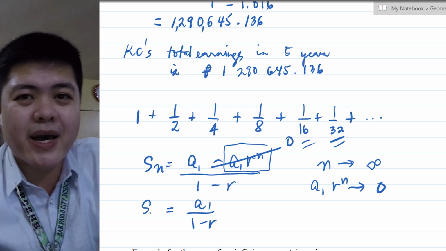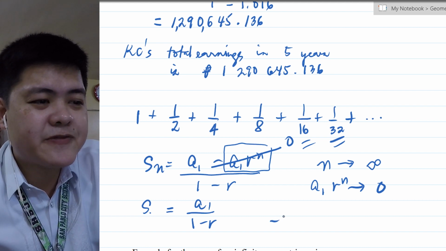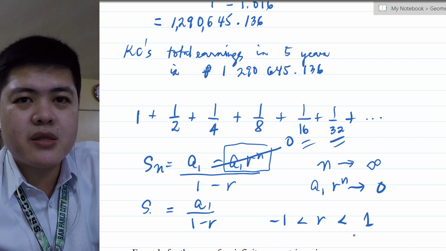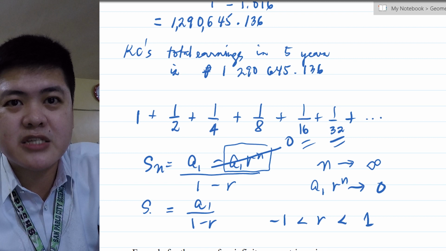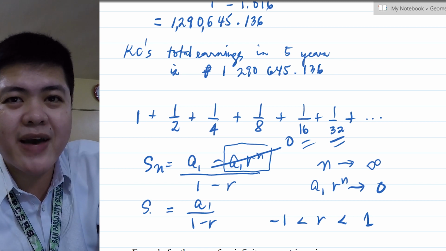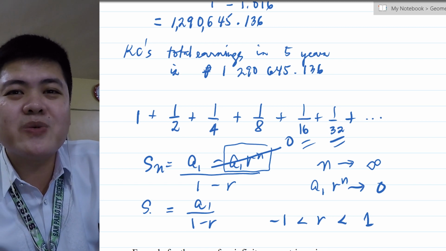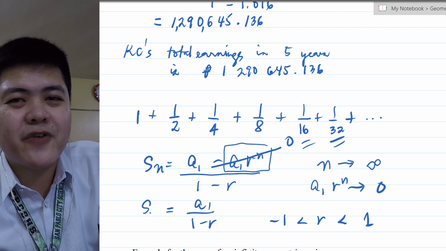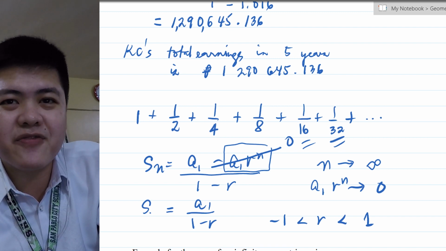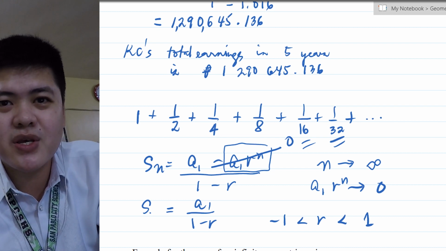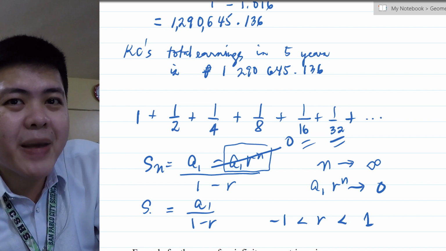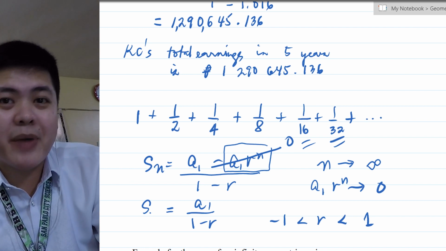Ang r mo dapat it's from negative 1 up to 1, not including negative 1 and 1. So nasa pagitan ng negative 1 at saka 1. Ang mga values na nandito ay mga fraction na hindi mas mataas sa 1. For example, 2/3, 1/2, negative 1/2, negative 2/3. Basta hindi pa aabot sa 1. So kapag ganun yung r mo, alam mo na paliit yung mga terms mo.